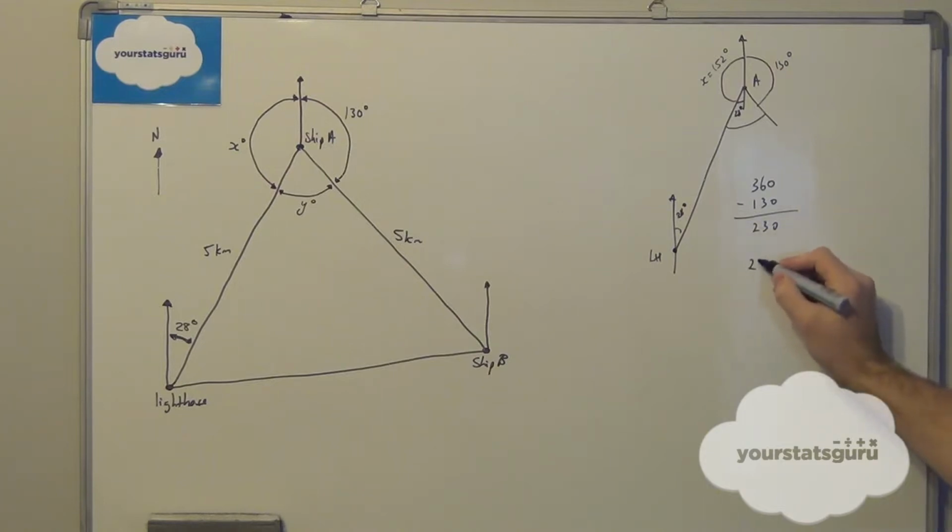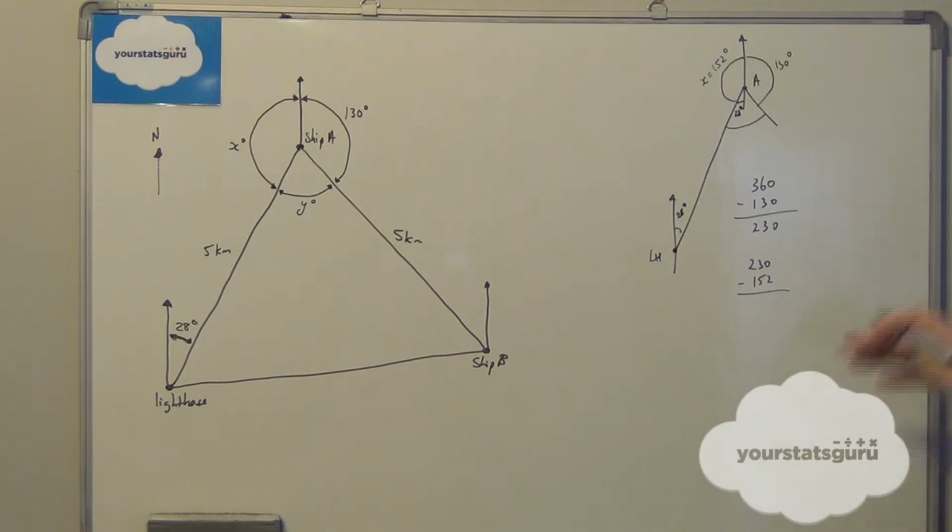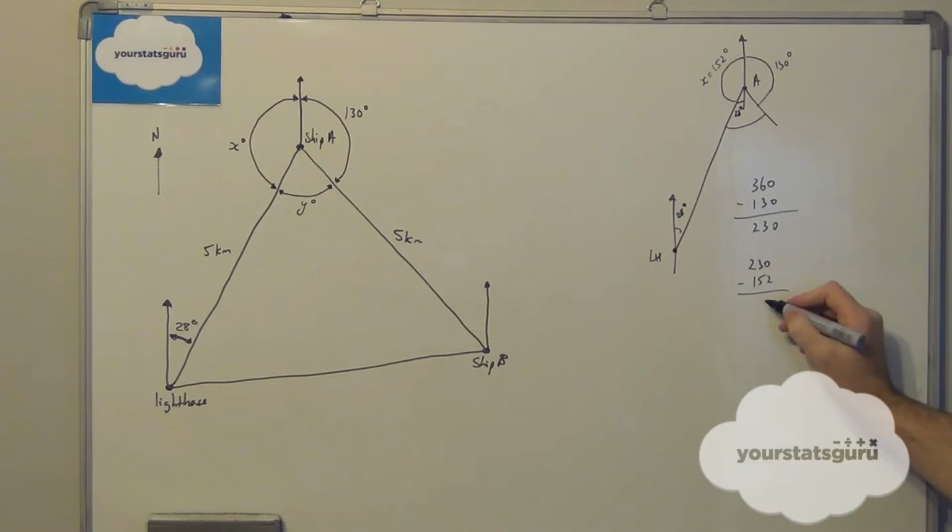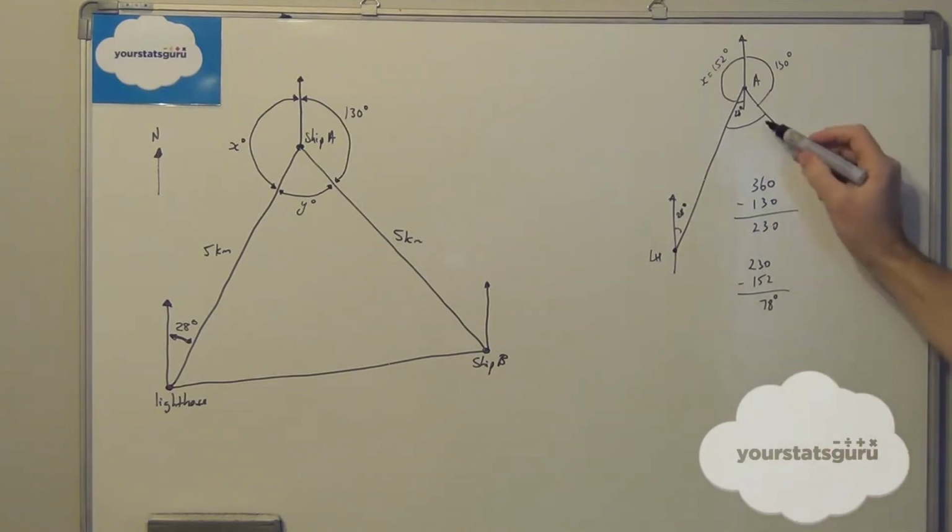And from the 230 degrees I subtract the 152 degrees. So that's 200 minus 100 is 100, 130 minus 50 is 80 degrees, 80 degrees minus 2 degrees is 78 degrees. So the entirety of y is 78 degrees.